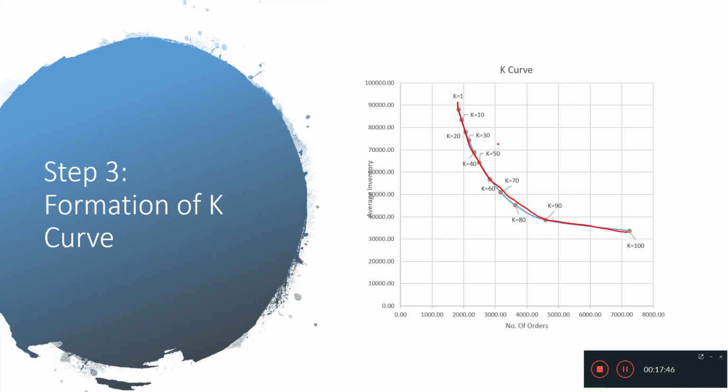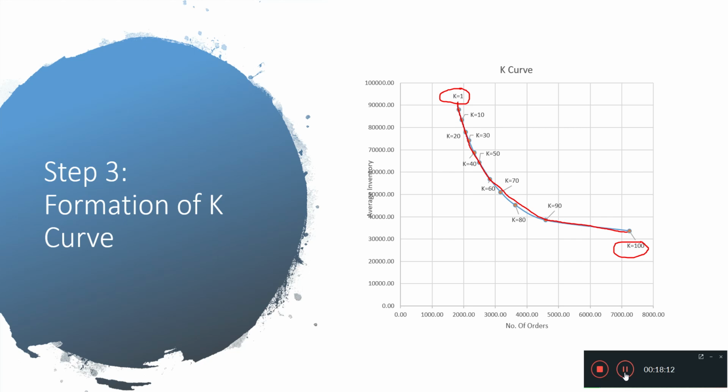We'll say it's a descending curve. As we can see, the greater the K, the K100 is here, the lower the average inventory. I'm sorry, I couldn't see well, but this is average inventory. In another way, the lower the K is, the greater the inventory, but the lesser the order.